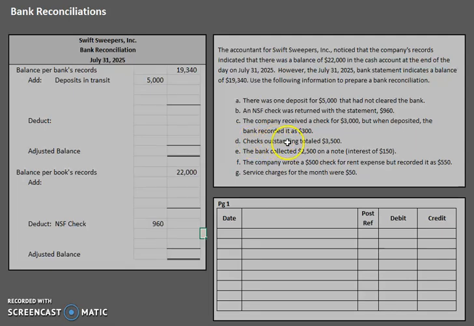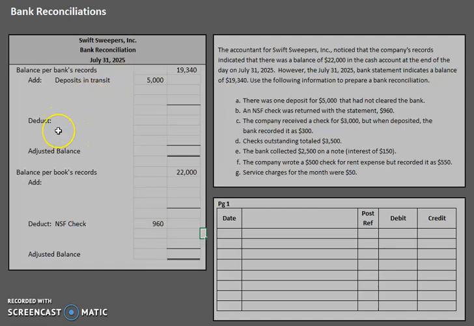So D says checks outstanding totaled $3,500. So let's go ahead and talk about what checks outstanding are. When we write a check, we obviously know that we have written this check, this payment, so we've updated our records. However, until that person you provided the check to actually cashes or deposits it, the bank does not know about it.